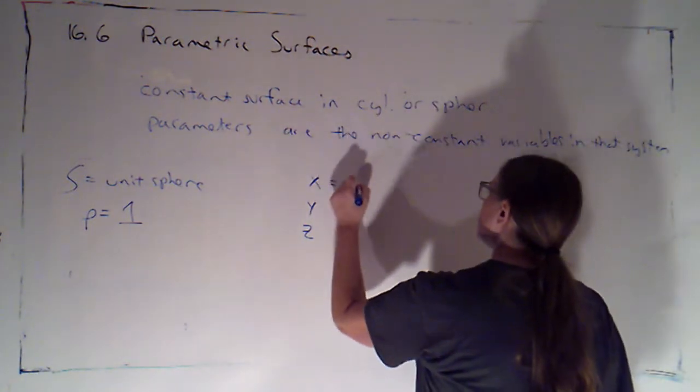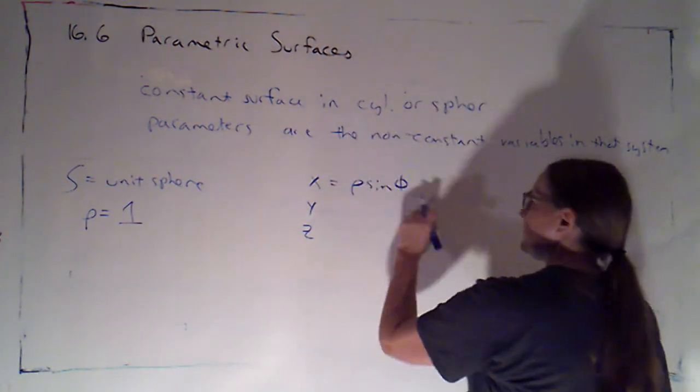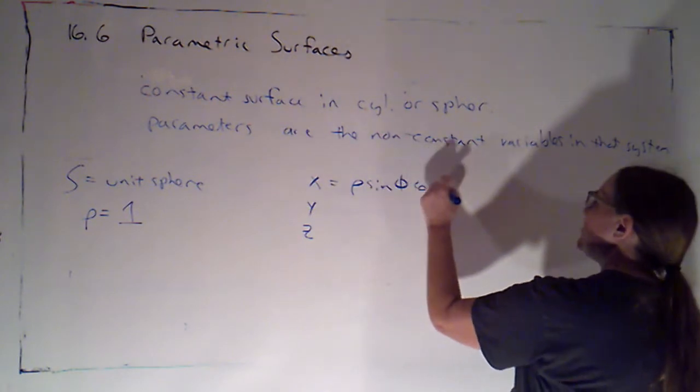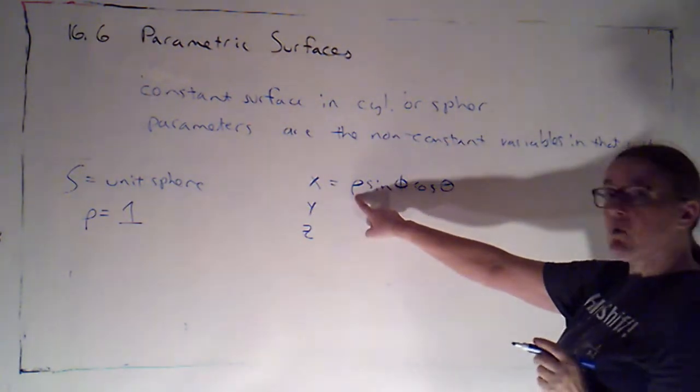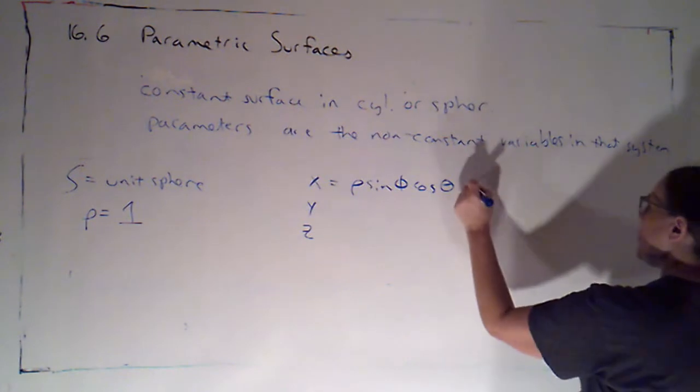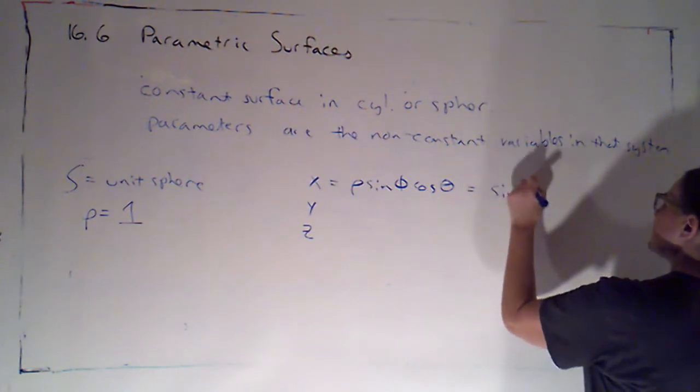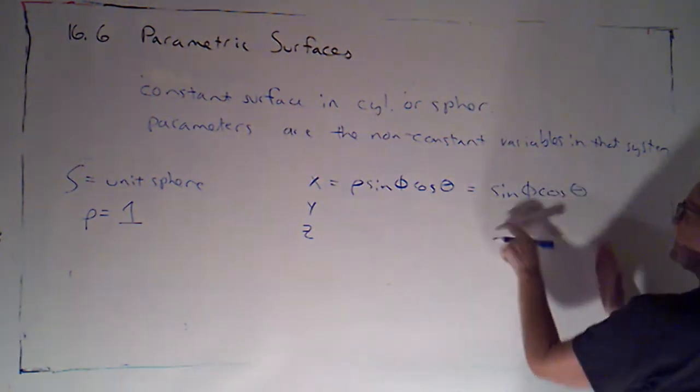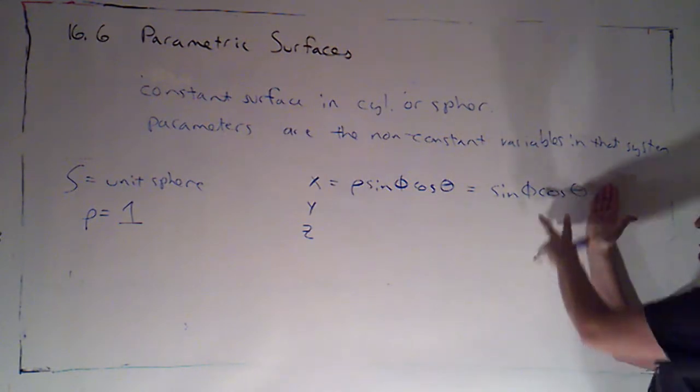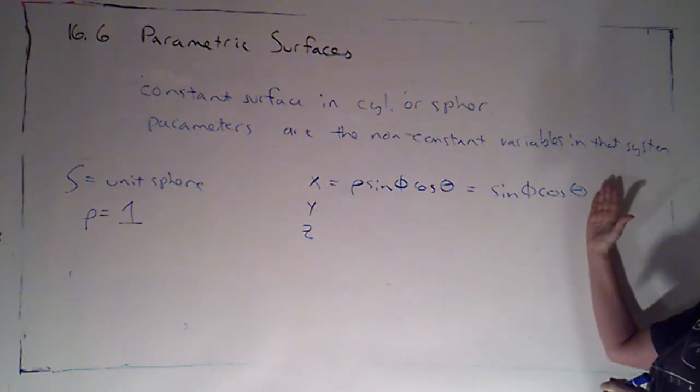X is rho sine phi, remember that's r, times cosine of theta. But if rho is fixed at 1, I can sub in a 1 for rho, and then I've just got sine phi cosine theta. So I've just described x in terms of these two variables, theta and phi.